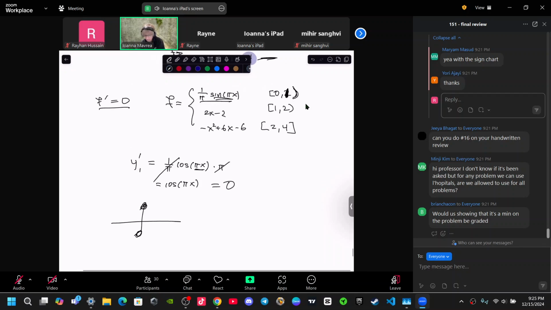So the cosine is equal to 0 if this angle is pi over 2, 3 pi over 2, a lot more of pi over 2, or negative pi over 2, and so on. So if the angle is pi over 2, that means the x is a half.